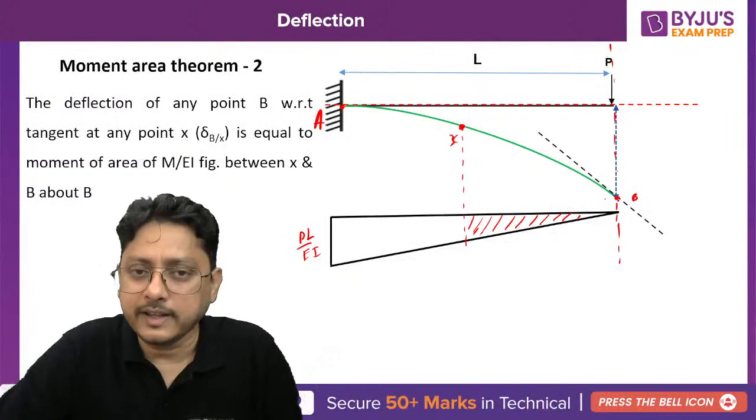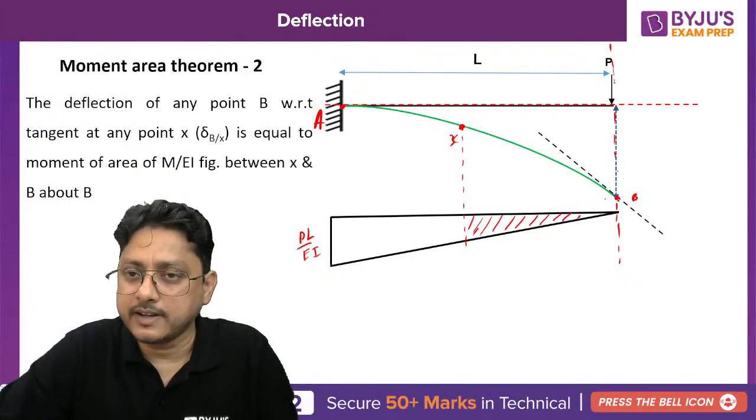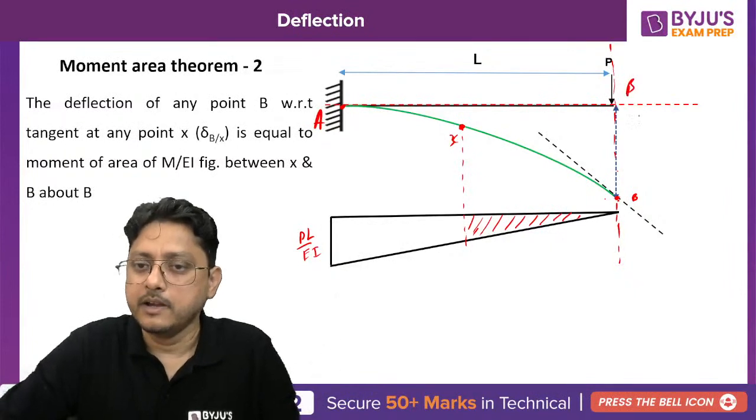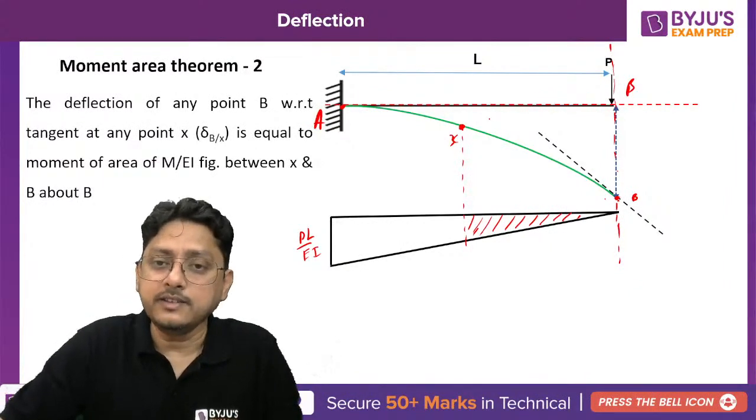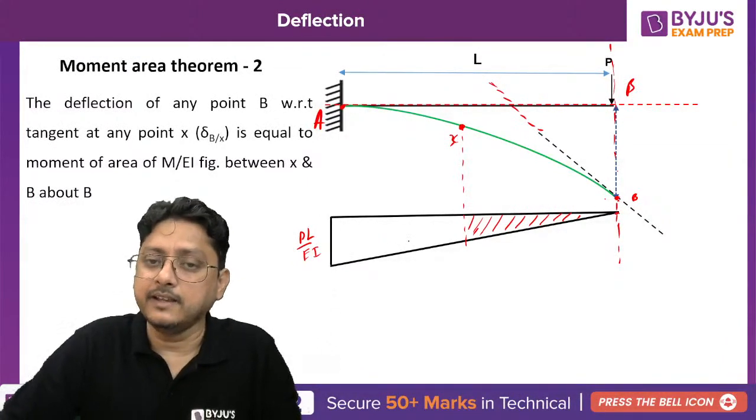After drawing the tangent here, you can identify what I told you. If you take the vertical intercept at B, standing at B, what vertical height are you getting by taking the moment of the area?